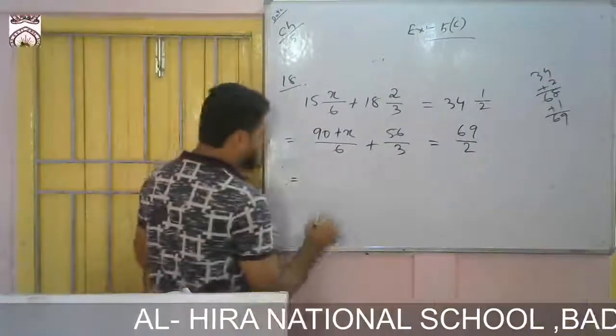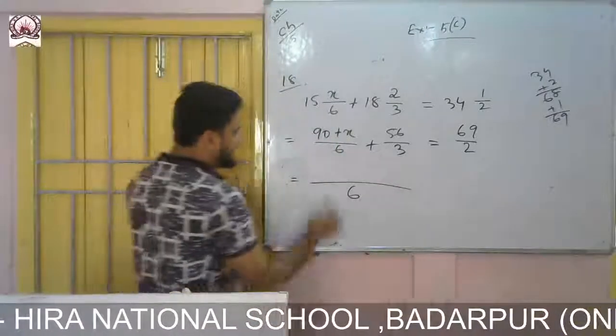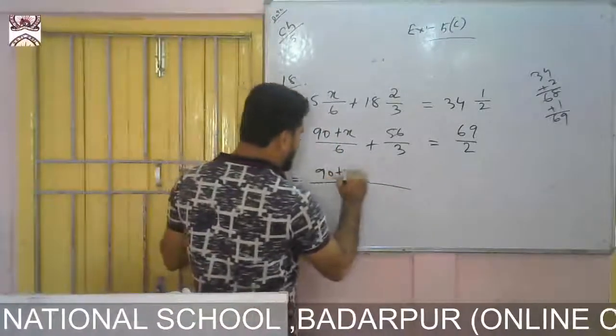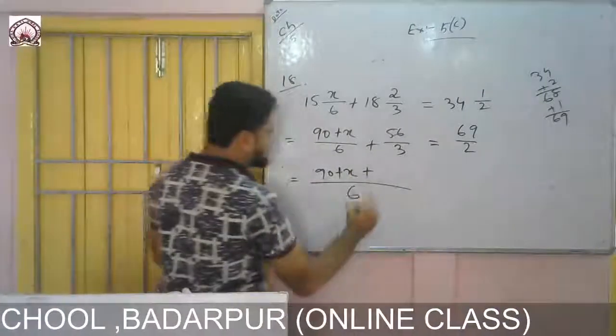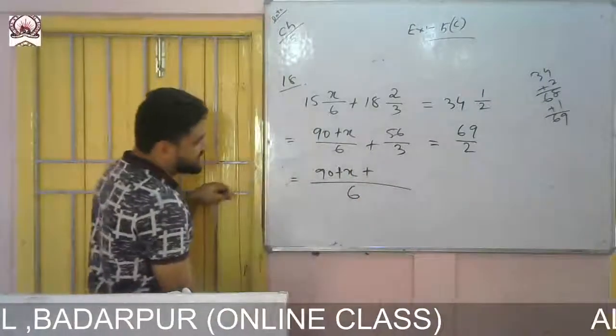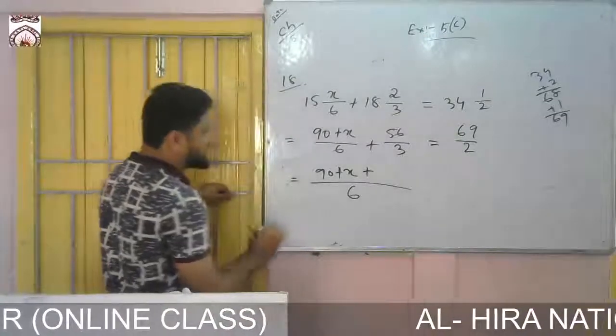Let me do in another way. 6 plus 3, if you take LCM, and 6, then 90 plus x. Then plus 6 2 jar 6, 3 2 jar 6.